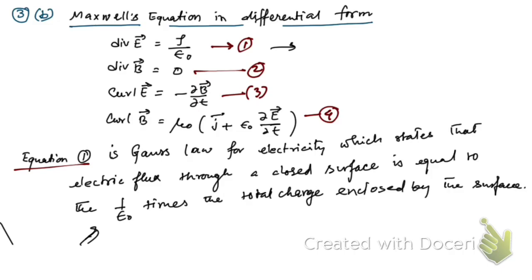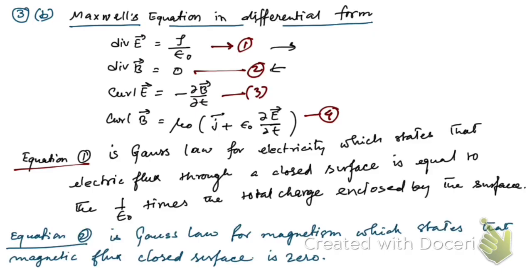Equation number 2 is the Gauss law for magnetism. That is, the magnetic flux through a closed surface is 0. That is given by equation number 2, right?